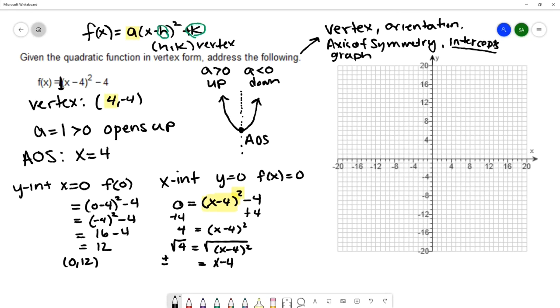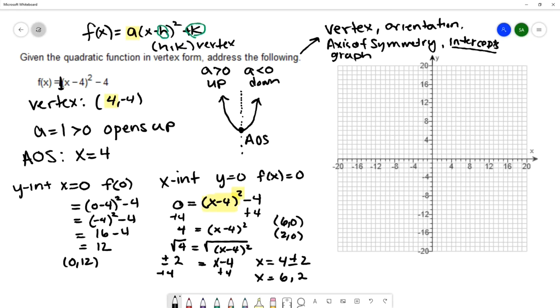And the square root of 4 is 2. I'm going to add 4 to both sides, and that gives me x equals 4 plus and minus 2. 4 plus 2 is 6. 4 minus 2 is 2. So we have x-intercepts at the ordered pairs (6, 0) and (2, 0).